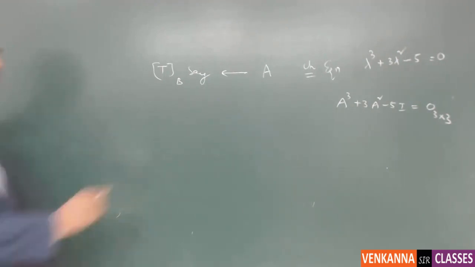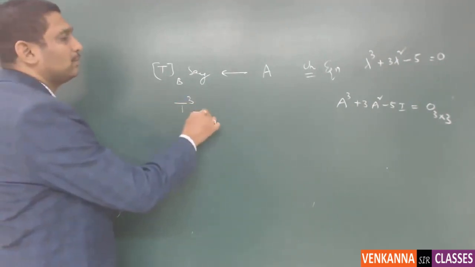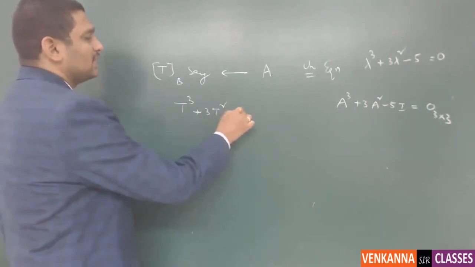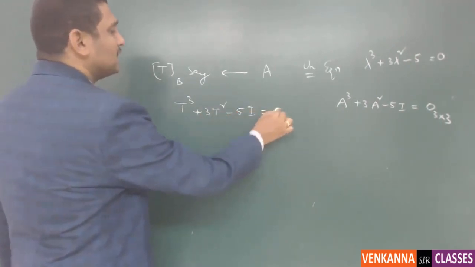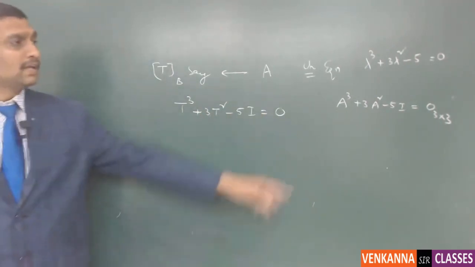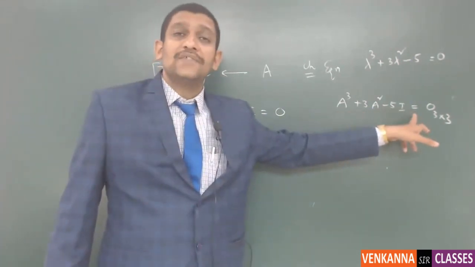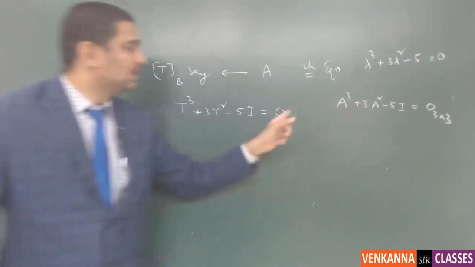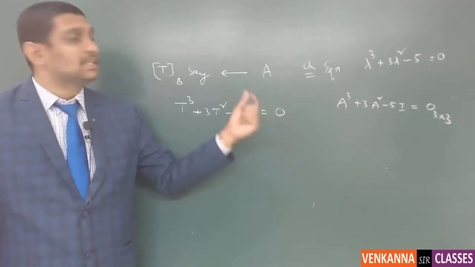So we can simply say that T cube plus 3T square minus 5I is equal to 0. Here 0 stands for the 0 matrix. Here 0 stands for the 0 function.